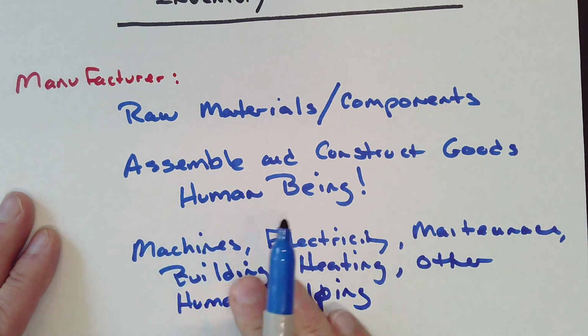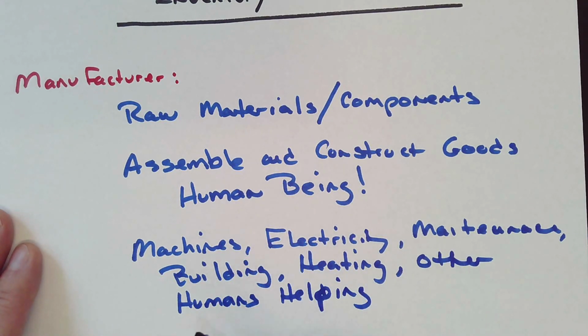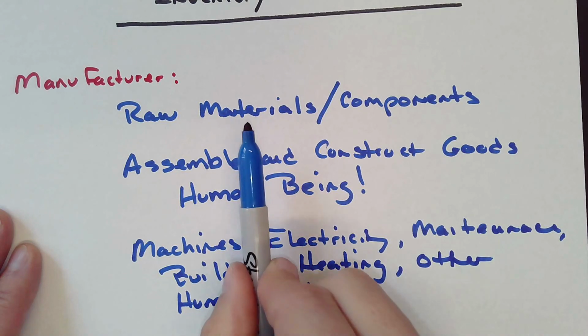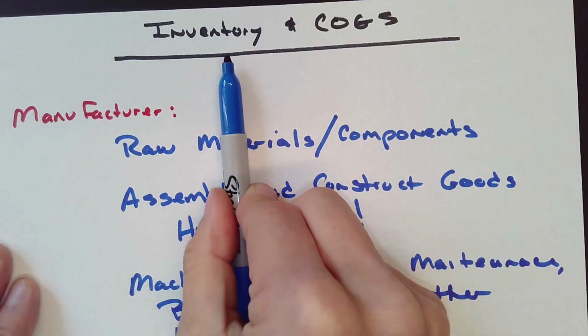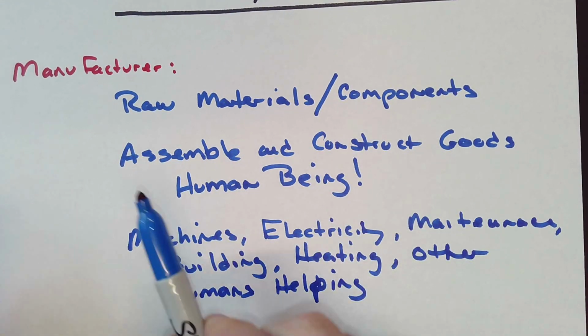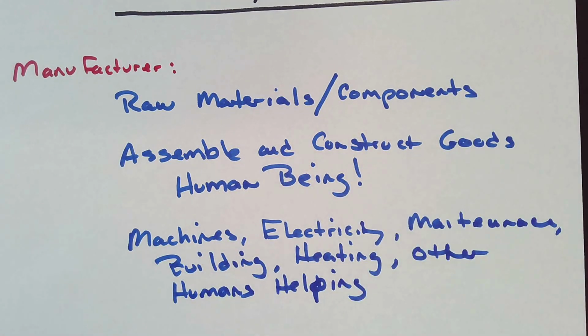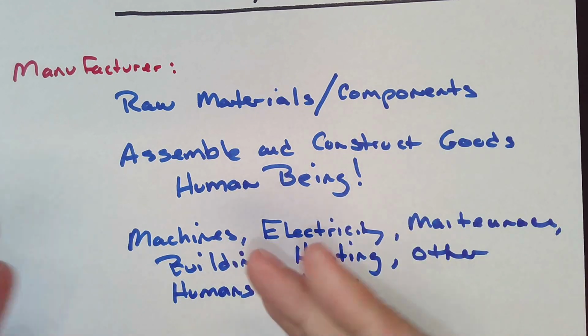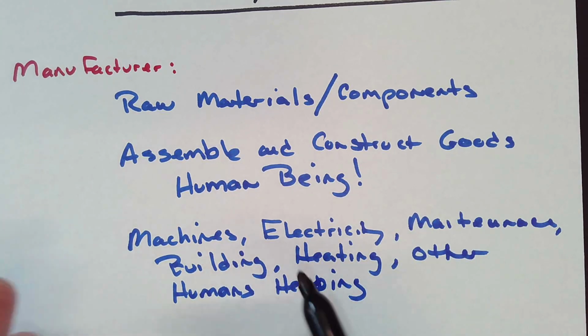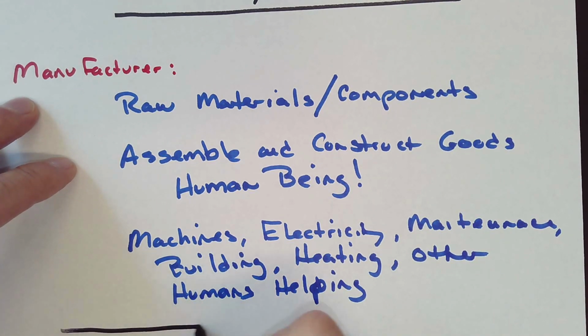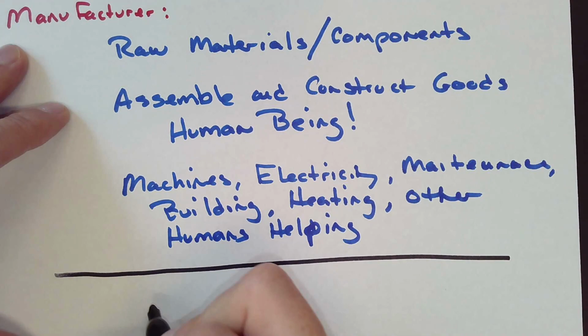So any kind of cost that we can identify that is helping these people take this material and construct this inventory, any of those costs we should accumulate, right? These are all of the inventory costs, and there's maybe more, right? So these all become part of the inventory costs.